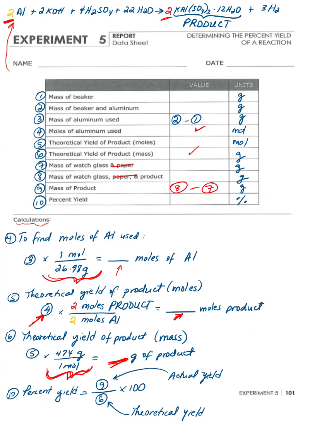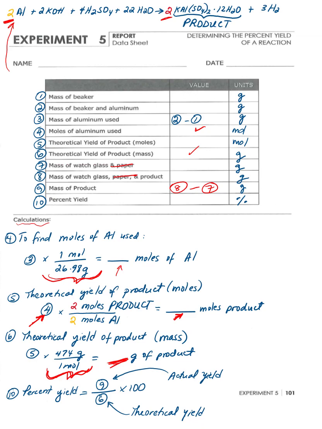And now to find out the percent yield, which is what we're trying to get since day 1 for this experiment, right? The percent yield is the actual yield, which is your actual amount of product, and then you have your theoretical yield, which is in theory how much product you can get from your initial amount of aluminum.